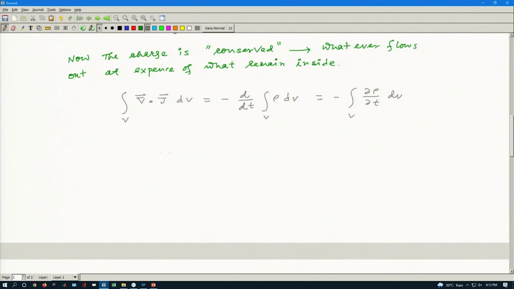So, from this equation I can write that the volume integral of the bracket divergence of J plus del rho by del t, dV, is equal to 0. This is general, for any volume it is true. So, that is why I have the desired relationship, a very important relationship rather, between the charge density and the current density J, and this equation is called the continuity equation.